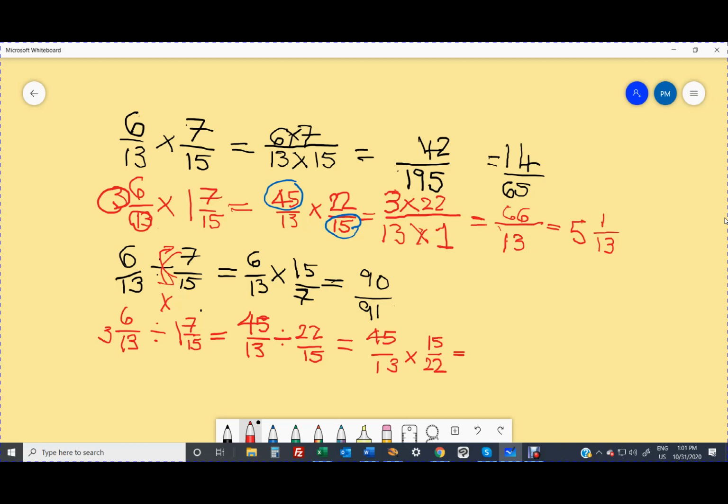Let's do it a number at a time. So 45 times 15, and then underneath we got 13 times 22.